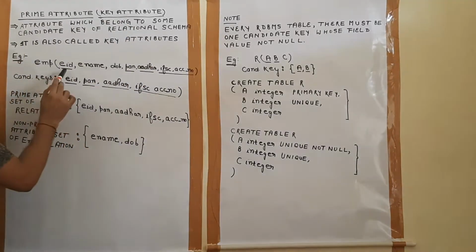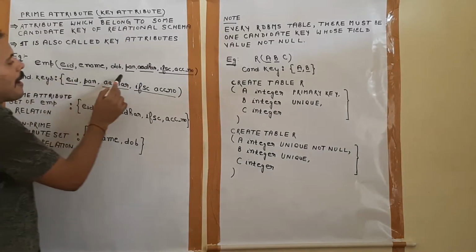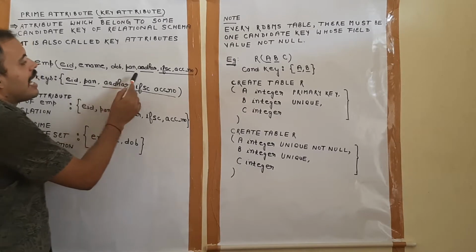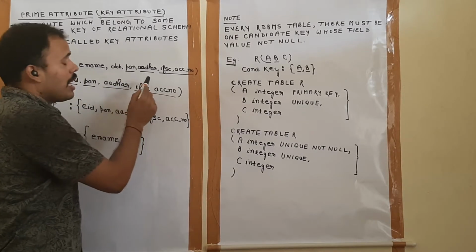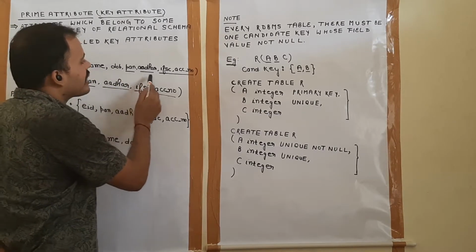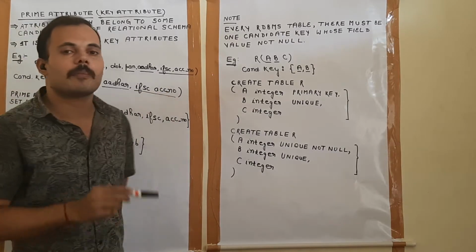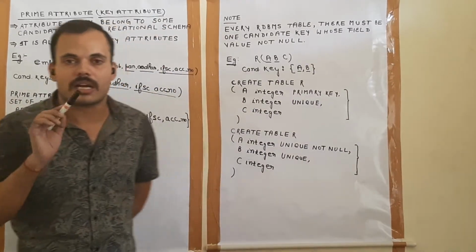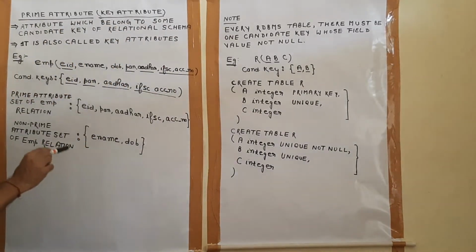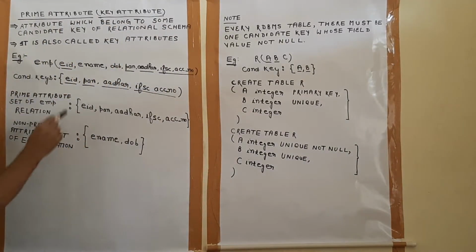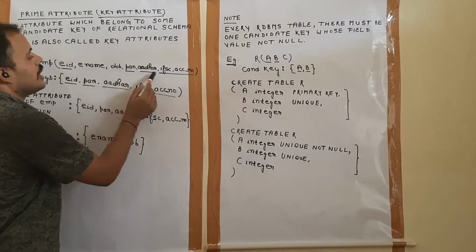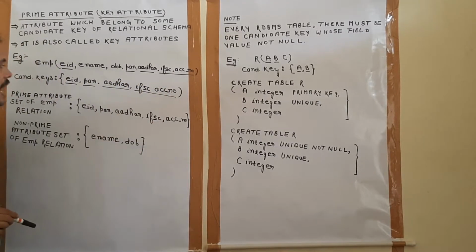So here EID is the candidate key, PAN number is the candidate key, Aadhaar number is the candidate key, and IFSC and account number together is a candidate key. So how many candidate keys are there? 1, 2, 3 and 4 candidate keys are there.